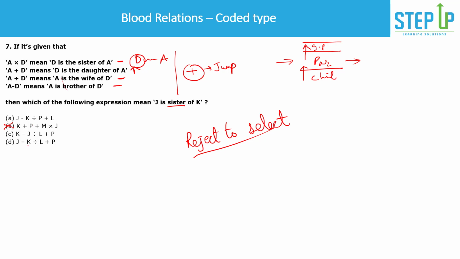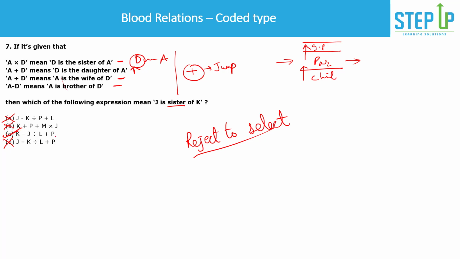So now when he says J minus K, what does it mean? J minus K means J is the brother of K. We have to say J is the sister of K. That means J minus K would mean J is the brother of K, right? So that means this option also we can reject, because J minus K would mean J is the brother, but actually we have to say J is the sister of K. That means the only option remaining is this.